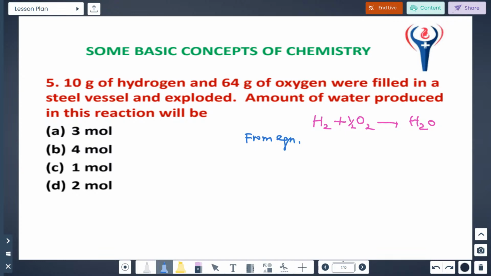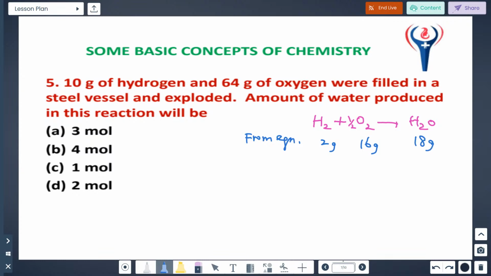Here everything is in gram, so you should write it as gram. So this is 2 gram of hydrogen. Half into 2 means 1 oxygen atom, which is 16 gram. Water is 18 gram. These are the information we are getting from the equation.